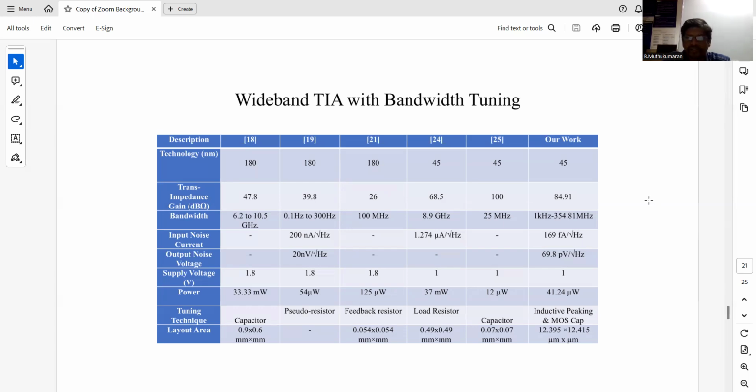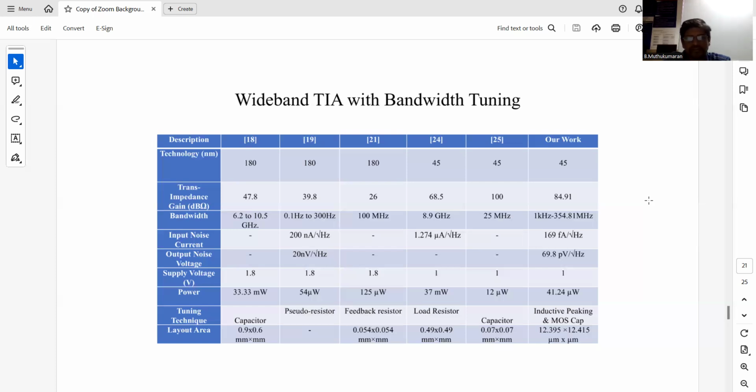We obtain a gain of 84.1 dB, the bandwidth is about 1 kilohertz to 354.81 megahertz, the input noise current is 169 femtoampere per root hertz, and the output noise voltage is 69.8 picovolt per root hertz with a 1 volt supply.